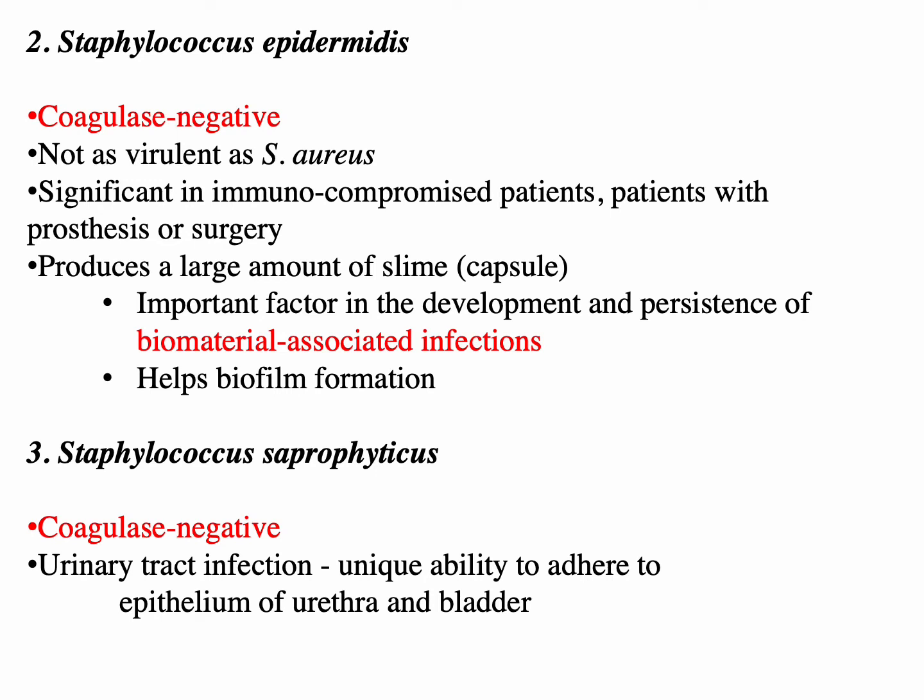This organism, epidermidis, as the name implies, is found on the skin dermis, so it is mostly found on the surface of the skin. So any kind of breakage to that skin, whether a tubing going into the body or surgery, will allow an opening for this organism to get in. The other condition is immune compromise.